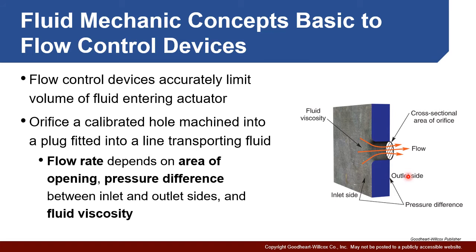And the last thing that plays a role in this is the fluid viscosity. Thinner fluid is going to flow easier, thicker fluid is going to flow with more difficulty. So with higher fluid viscosity, you're going to get less flow. This mechanism is, as I said, kind of basic, but pretty much all flow control valves rely on some version of this.